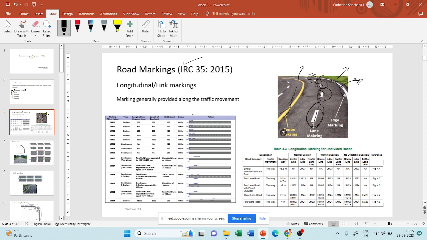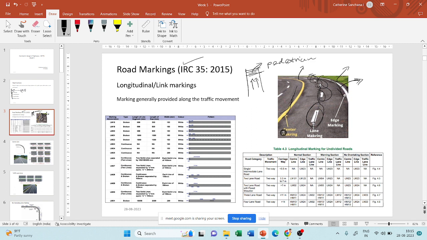And then you will also come across some lines which are perpendicular to the direction of travel. So if this is the direction of travel, you would have seen lines perpendicular to it. And as we saw last week, pedestrian crossing will also come under transverse road markings.